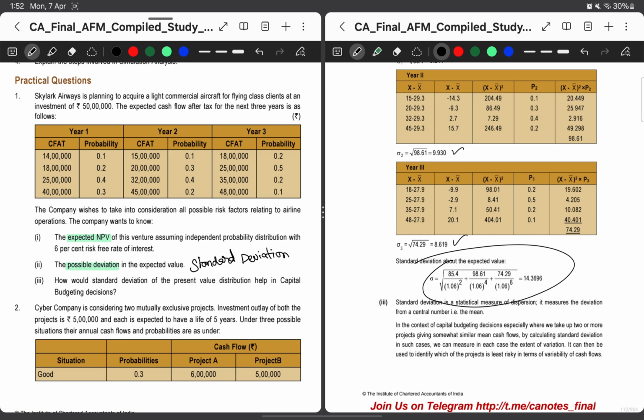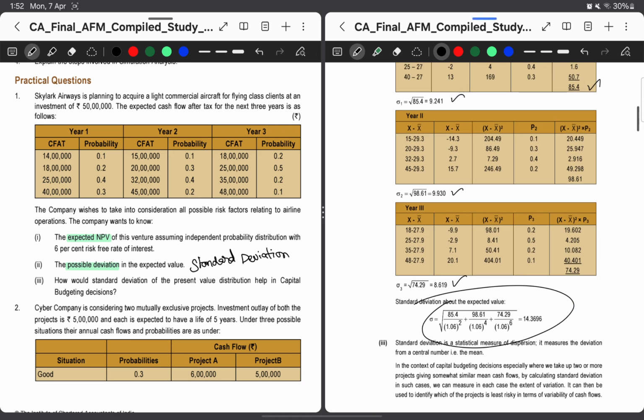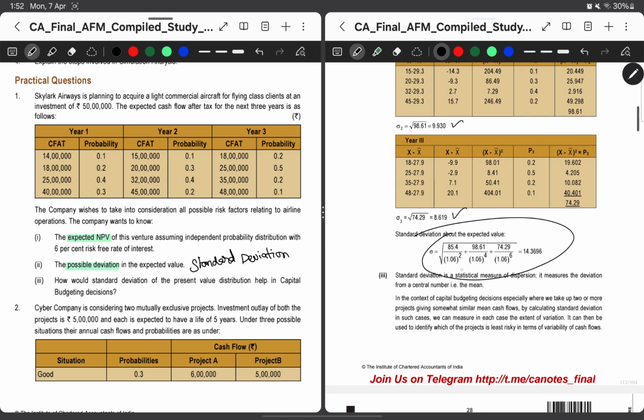If you want a separate video on the derivation of this formula, then I can give a video. Otherwise, as of now, we can go with this formula itself. In that video, I'll clearly explain why, while discounting, it is squared up. As of now, we can go with this.